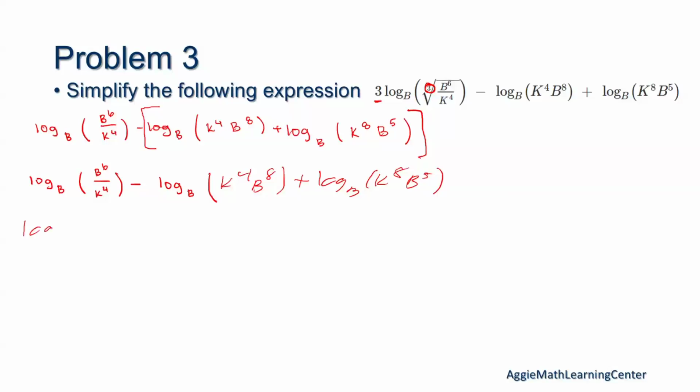So now log b, this first term is a positive, so all that's going to go in the numerator. The second one's negative, that's going to go in the denominator. The third one is a positive, so that goes in the numerator.